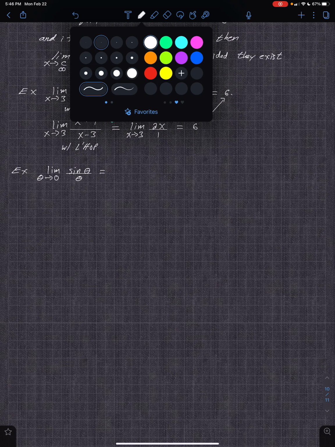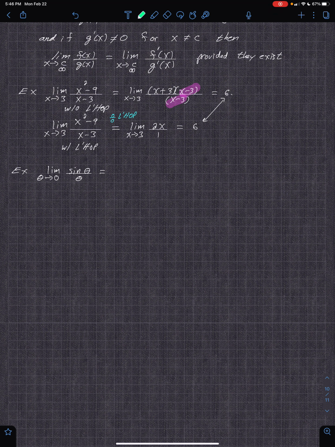You do it with geometry and trig, and it becomes kind of tough. But this is 0 over 0, so you apply L'Hopital's rule, and it becomes really quick and easy to do. So that's 0 over 0. Then you L'Hop it. Theta approaches 0. The derivative of sine is cosine.